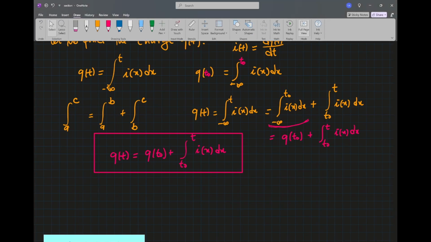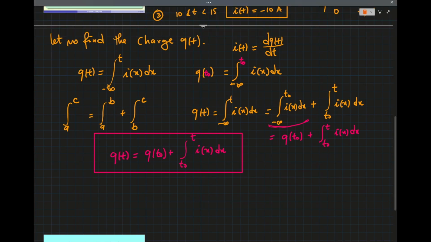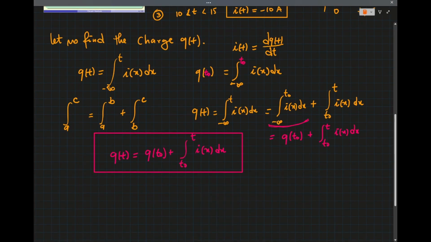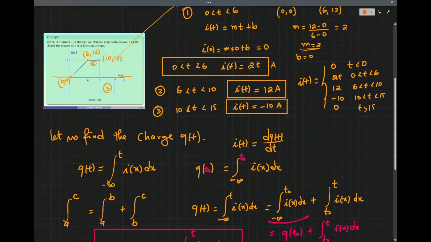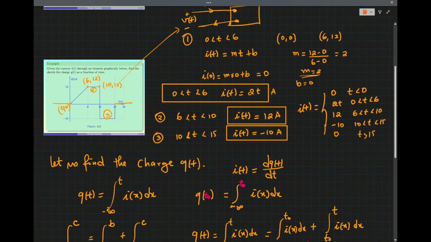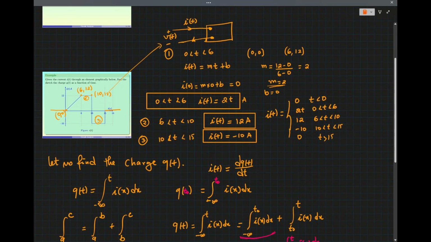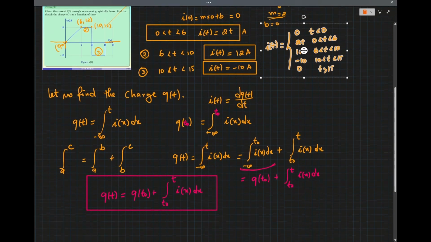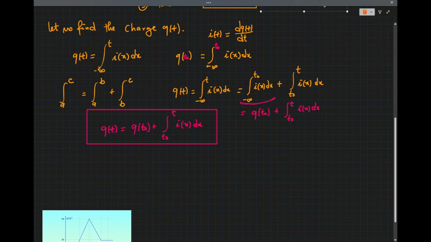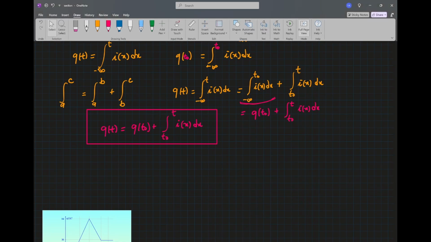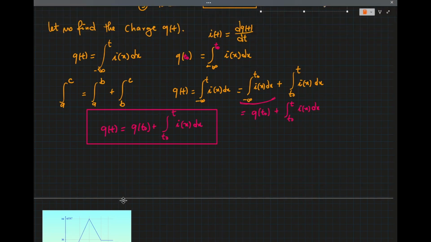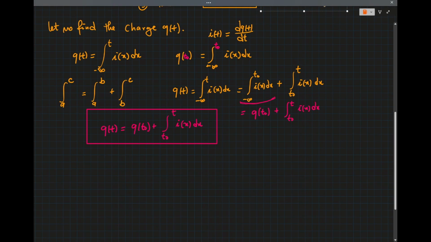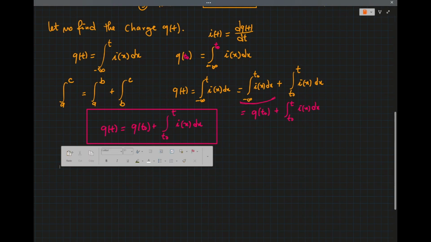Now that I have that formula, let's integrate the current. The current that we have is this. I'm going to copy this down below, because that's what we're going to integrate.